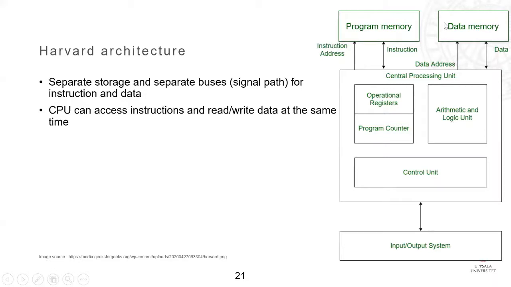For reading from these memories, in our computers we have wires called buses. For example, this one is called the data bus, which means that when you want to read a piece of data, it carries the data in a wire and passes it to the CPU.